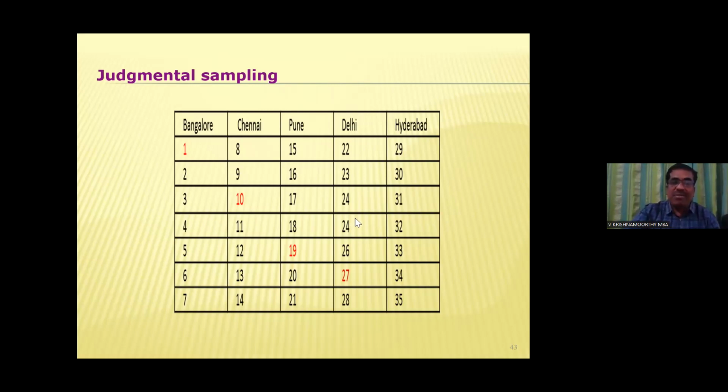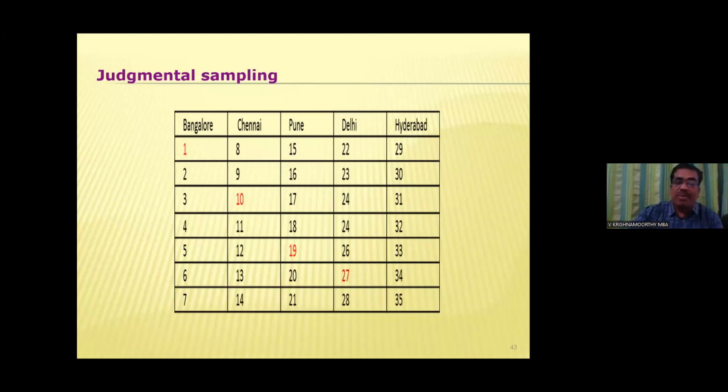What is the drawback of judgmental sampling? See, the researcher is supposed to collect data from 5 cities: Bangalore, Chennai, Pune, Delhi, and Hyderabad. But none of the data has been collected from Hyderabad.